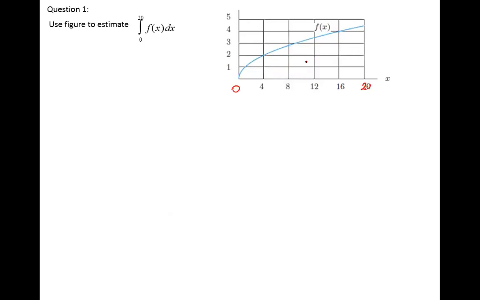What can I do? Let me do this. 1, 2, 3, 4, 5, 6, 7, 8, 9, 10, 11, and this is 12, and maybe this part will be 13.